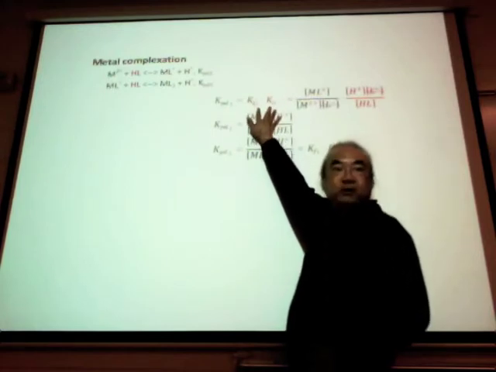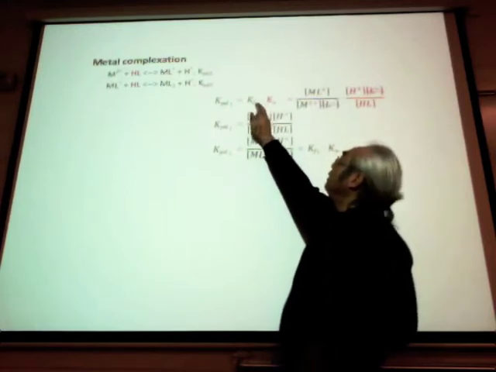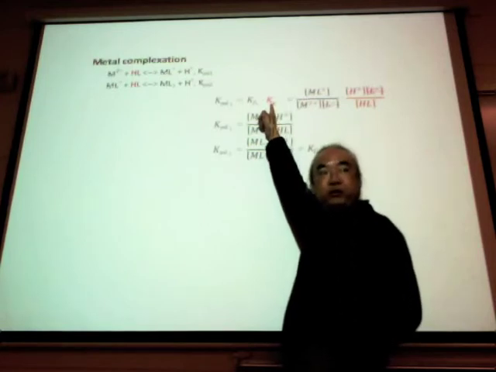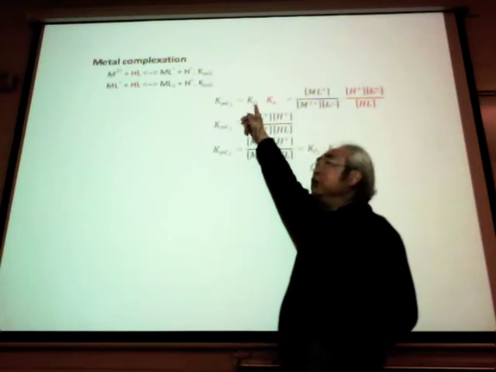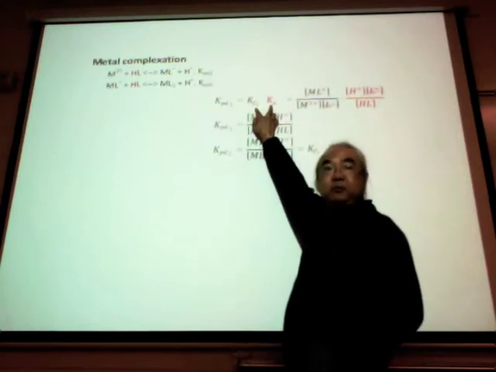Now what's the point here? The point is you have a Ka magnitude multiplied by the Kf magnitude. You look up the table, both of them are available.